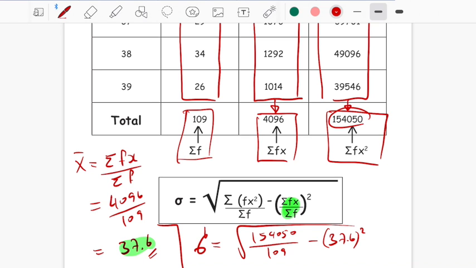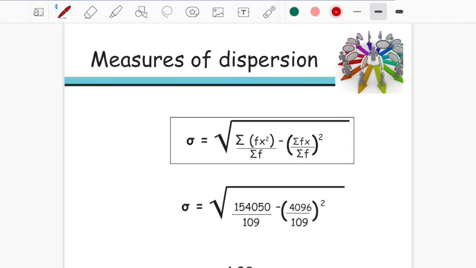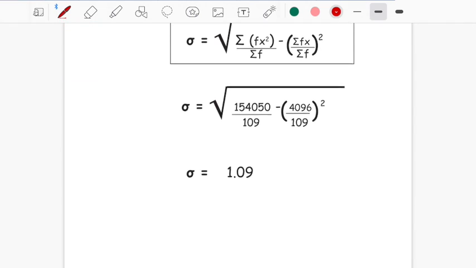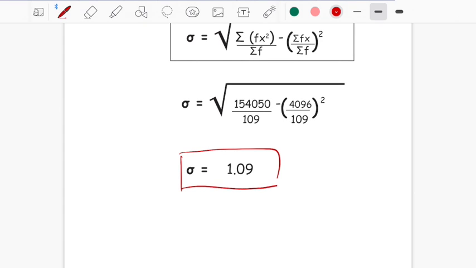Okay, so you punch all this in, you will get SD, the standard deviation, which equals 1.09. Which means the data given to you is not that spread out. So the data are actually concentrated. If you plot the graph out, your graph will be somewhat like this.